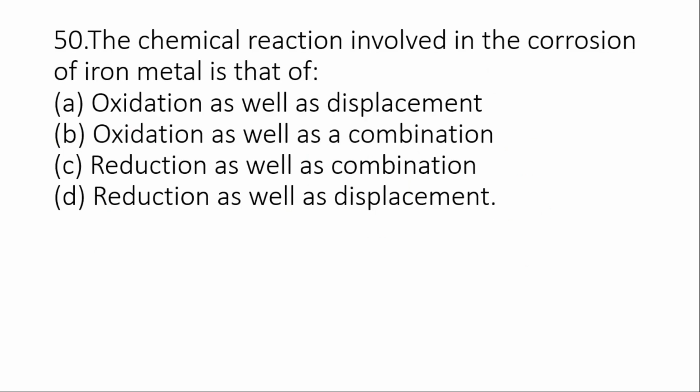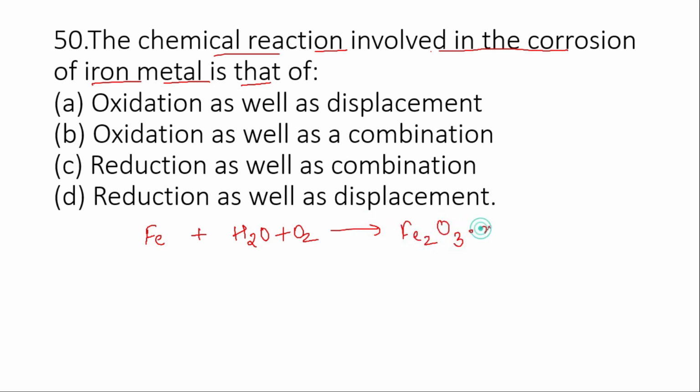Moving to the next question, that is question number 50, or you can say the last question of the day. The chemical reaction involved in the corrosion of iron metal is that of... So what happens here? Whenever an iron metal is left in the atmosphere, the water molecule along with oxygen will be added to it, giving rise to the product Fe2O3·xH2O.